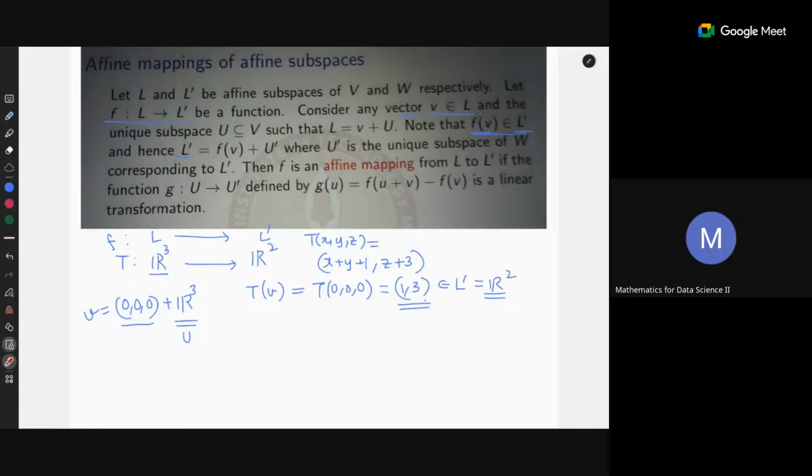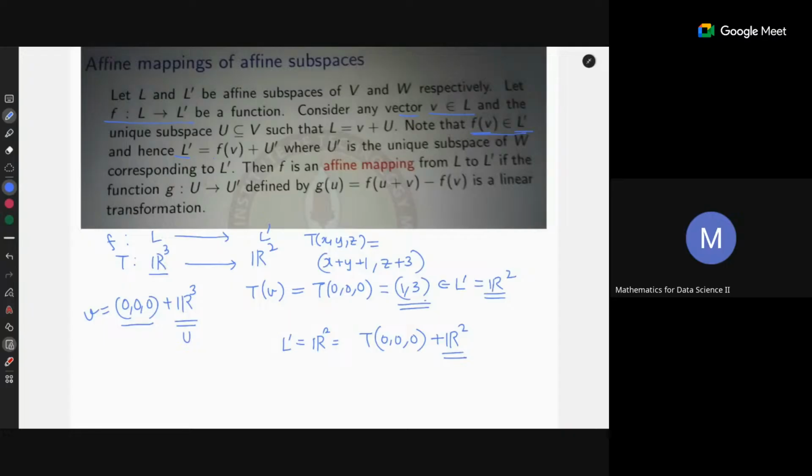So I will take this vector and express L prime, which is R2, that way. Clear till this point? Now this subspace U prime will be the unique subspace of W, which is clear because that is unique. The vector is not unique.